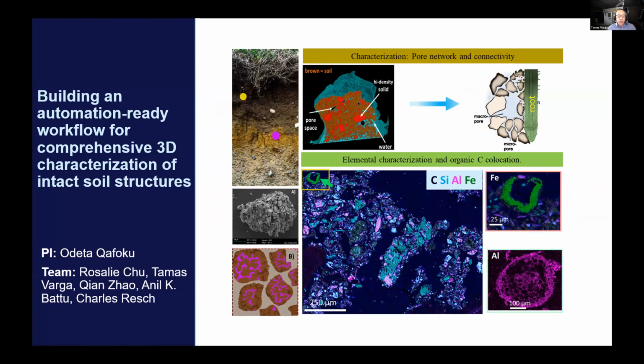And so I'm moving on to the aggregate scale now, because Ken also had this distinction in his talk, where I want to highlight an internal project led by my colleague Dr. Safoku, where we try to develop an automation-ready workflow for full 3D chemical characterization of soil aggregates.